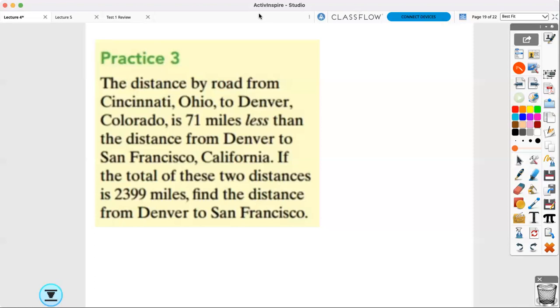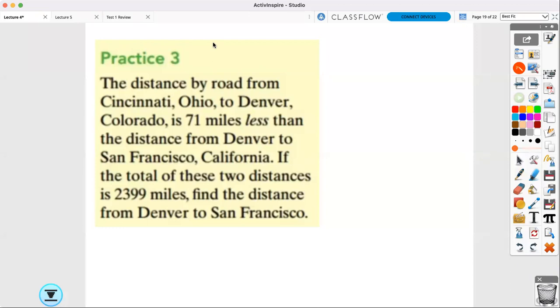I did get an answer individually. Let me respond to that person real quick. So it's a word problem, right? So what is it asking?